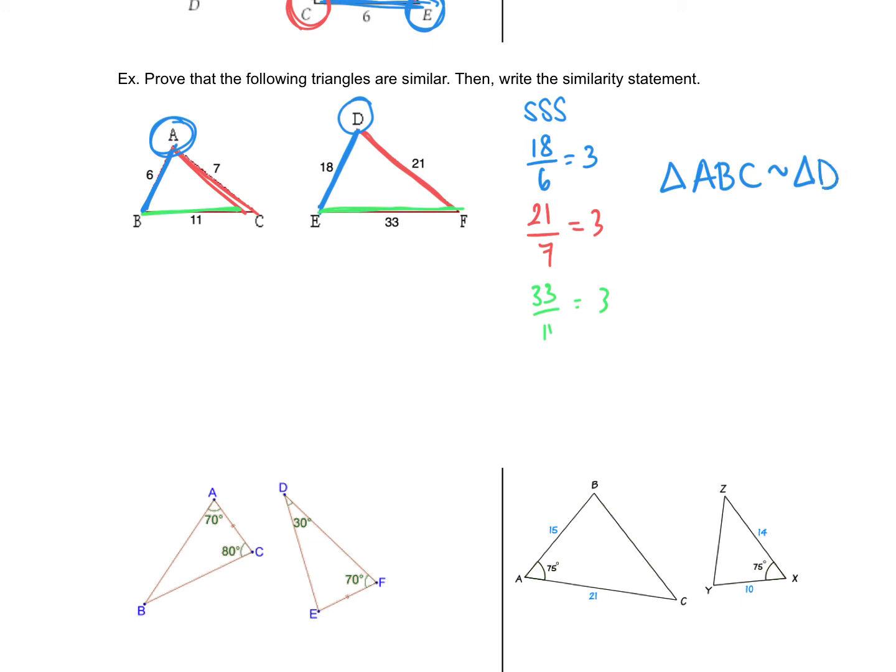So I'll put D first. Let's look at B. B and E match. They're both made up of the blue and green. And then F is going to go next. And this is exactly what you would be showing: the type of proof you're doing, your 3 calculations, and your statement.